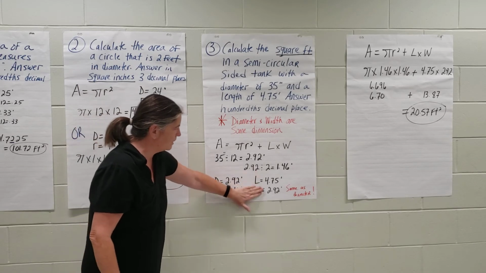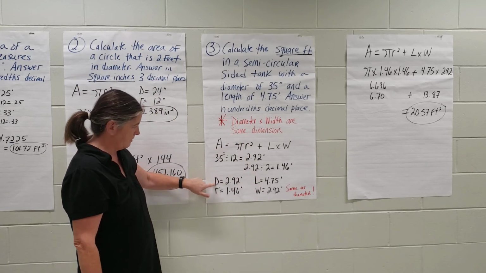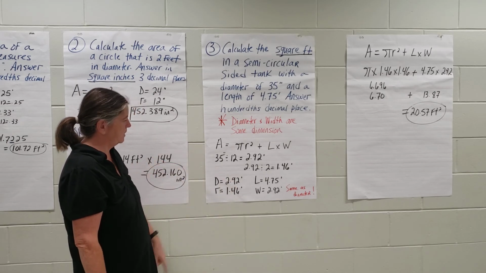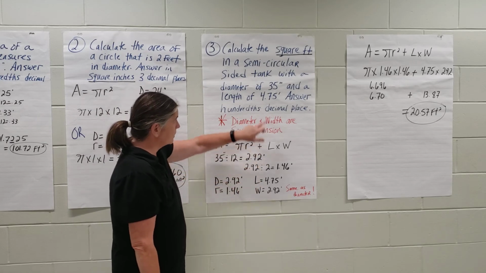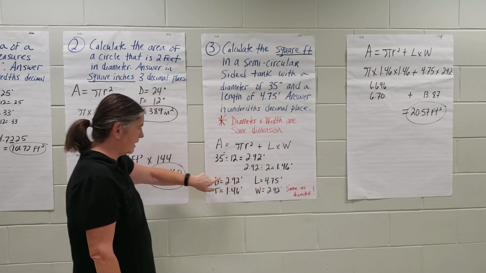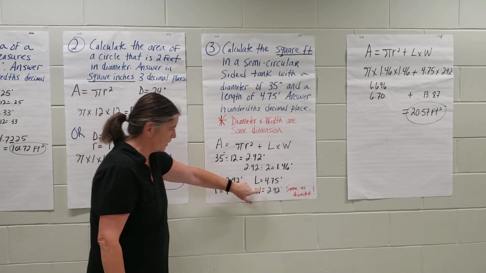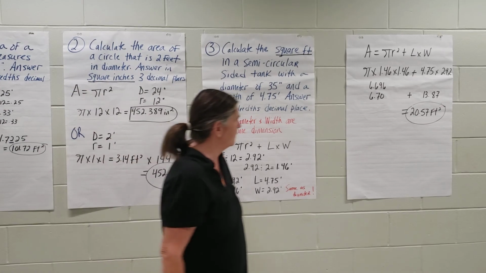You write out all the numbers that you're going to need to put in that formula. So your diameter, 2.92 feet. Your radius, 1.46 feet. Your length, 4.75 feet, right here in front of you. And you've got to remember, your width and your diameter are the same. So your width is 2.92 feet. Now you're ready to go.